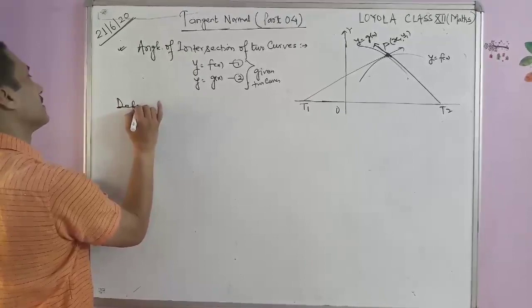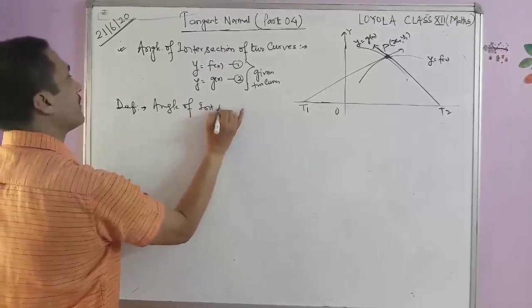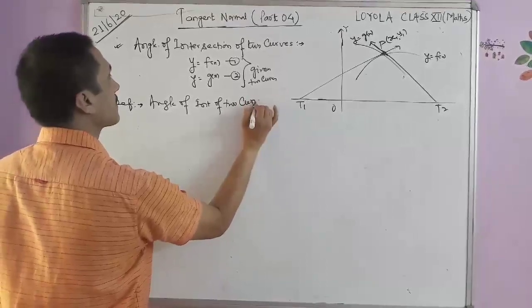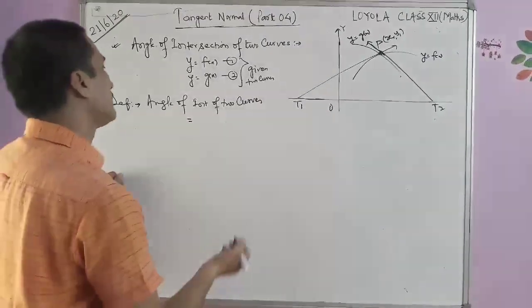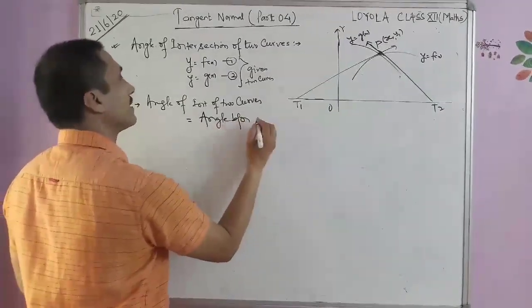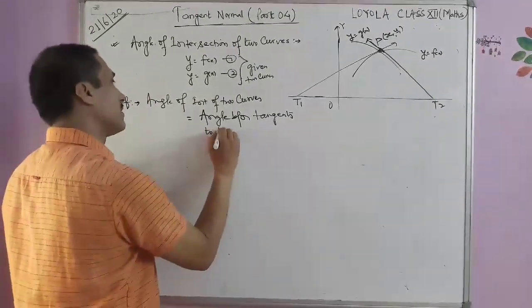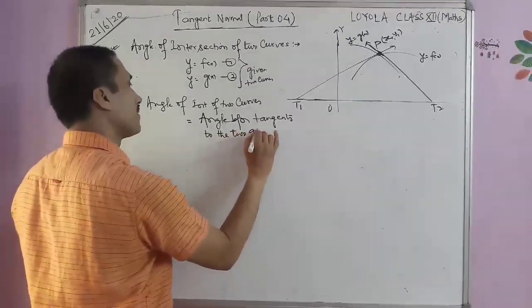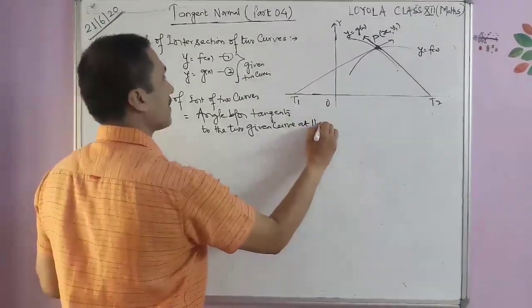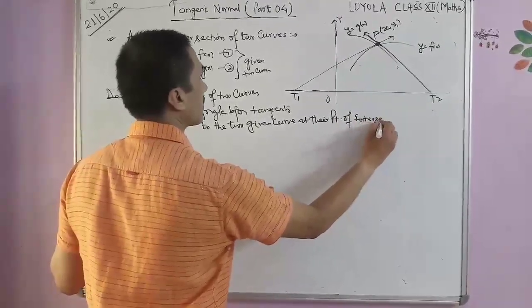Here we define the angle of intersection of two curves as the angle between tangents to the two given curves at their point of intersection.